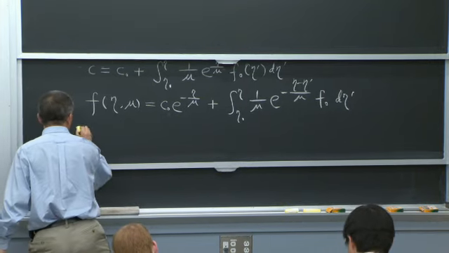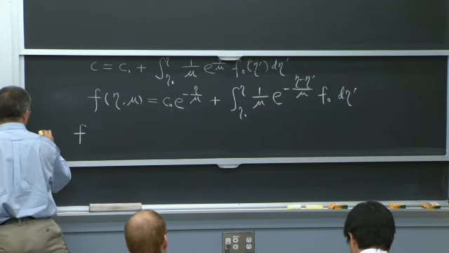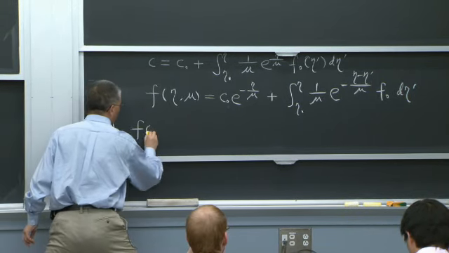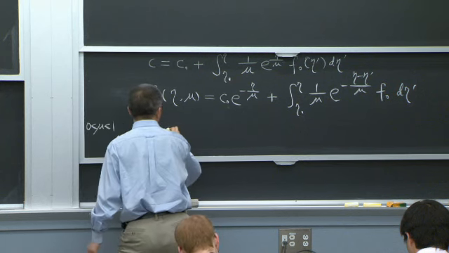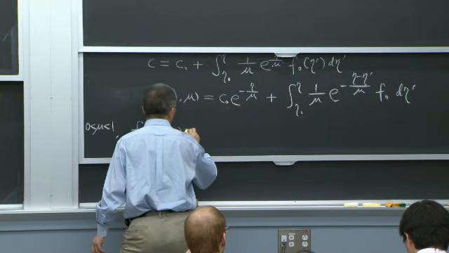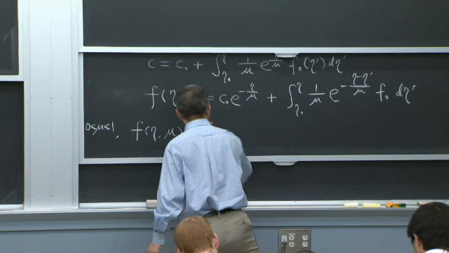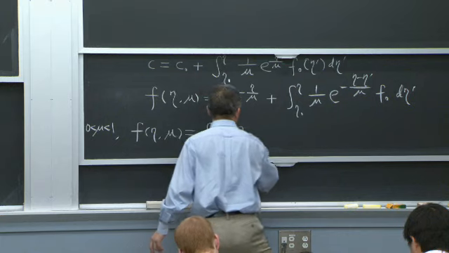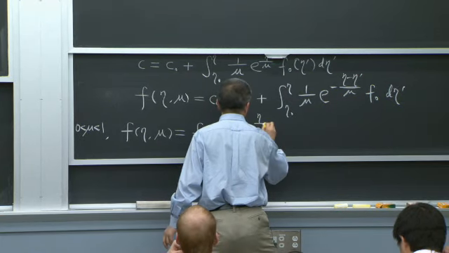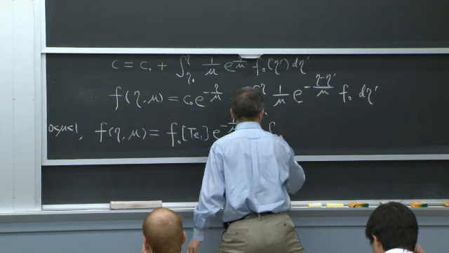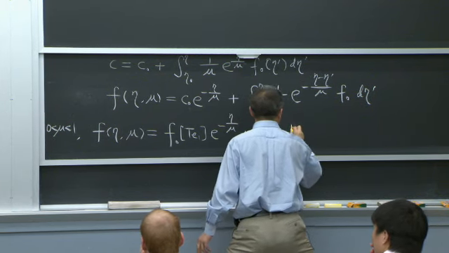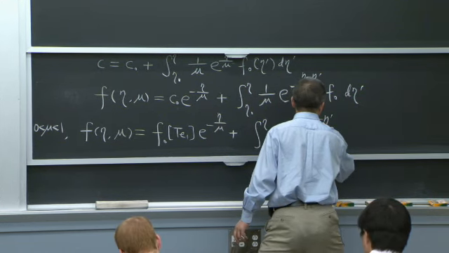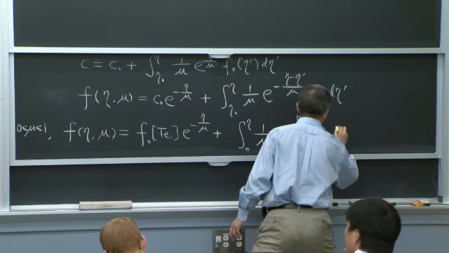So what I have is f for mu less than 1, larger than 0. That's 0 to 90 degrees. f of eta and mu is f0 of TE1 exponential minus eta over mu plus the integral from 0 to eta of 1 over mu exponential minus eta prime over mu f0 d eta prime.